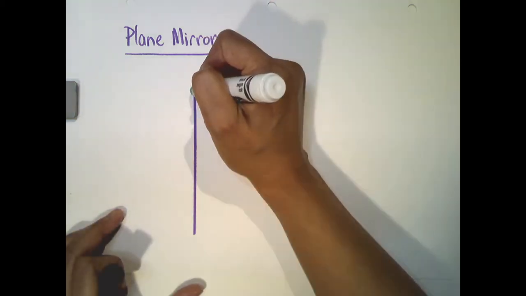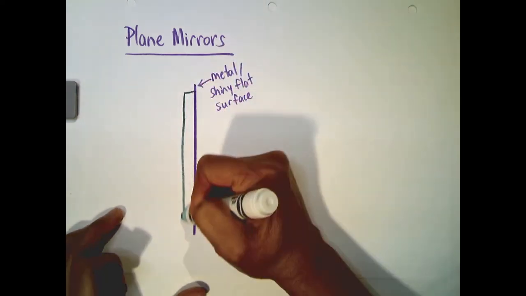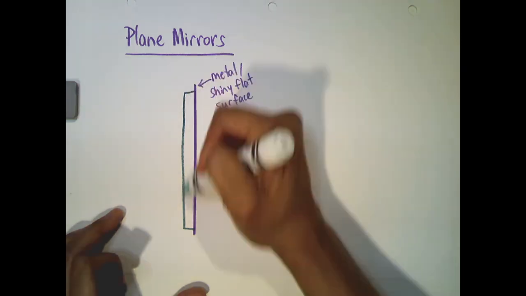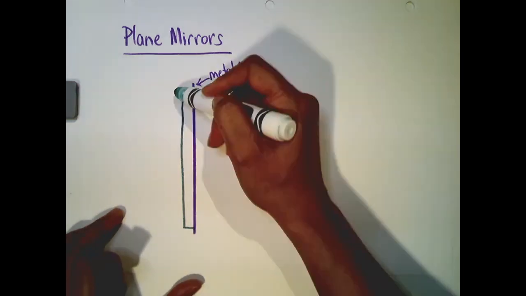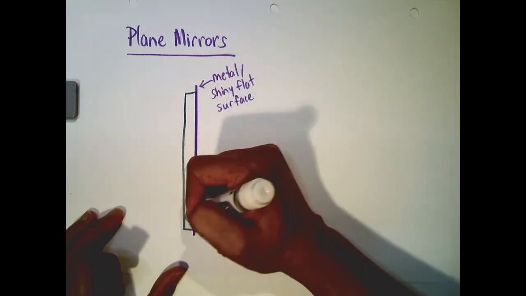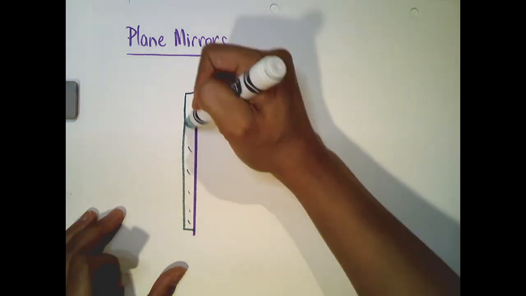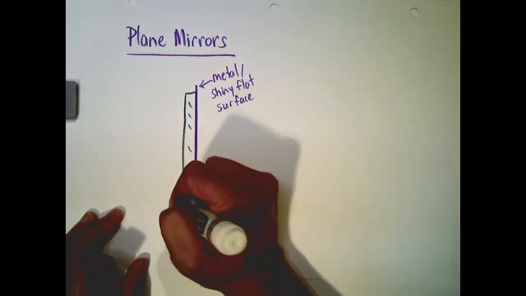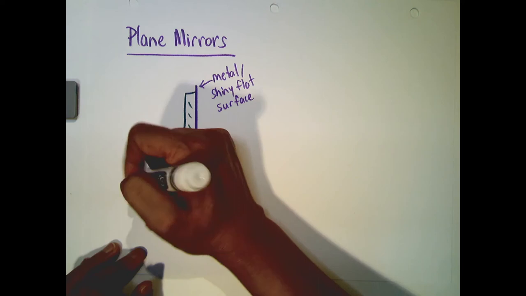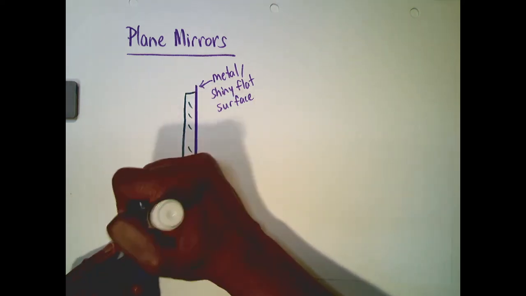And then the other part is the glass. There's actually glass and it's supposed to be nice and straight, not my wiggly drawing here, with the same thickness across. So this would be a glass flat surface.